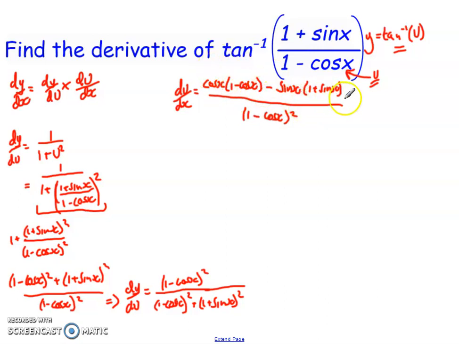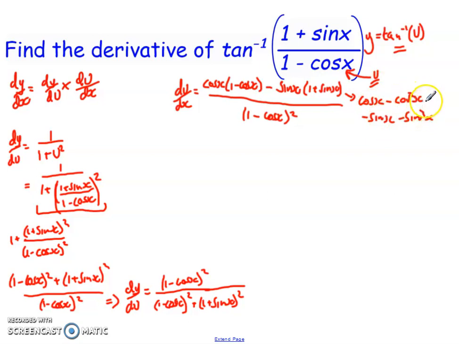So I've got the base part of it, now I need to simplify as much as I can. If I look at the top, multiplying out both brackets I get cos x minus cos squared x minus sin x minus sin squared x. If I gather all this together, I'll get cos x minus sin x, and I've got cos squared and sin squared.